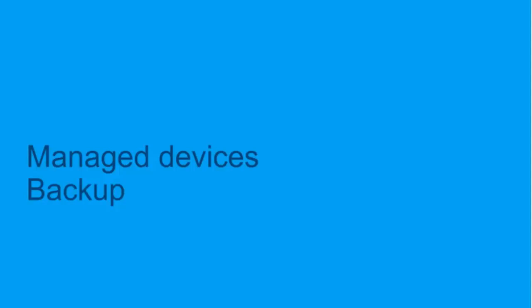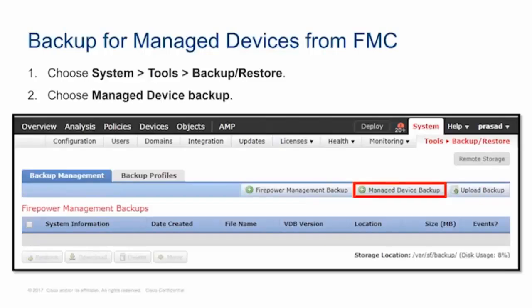So we just saw how we perform a backup for the management center, and now we can see it for the managed devices. As said, for managed devices, you have two options: either we can perform it from the FMC or from the sensor GUI itself. To perform it from the FMC, we navigate to System, Tools, Backup Restore, and choose Managed Device Backup.